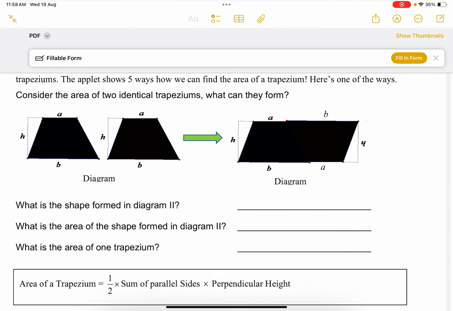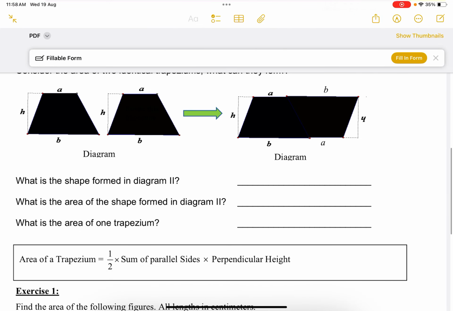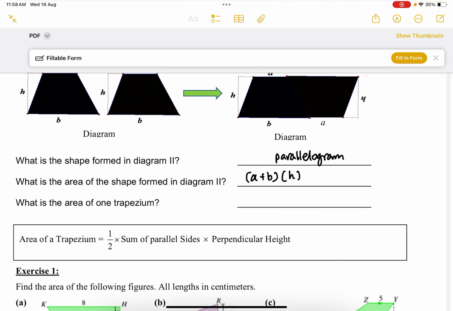Okay, so here we have the diagram, same as the website. So we rotate that trapezium, the duplicated trapezium, you join them, you will form a parallelogram. So what about the area of the parallelogram? We know that it's going to be A plus B multiplied by that perpendicular height, h.